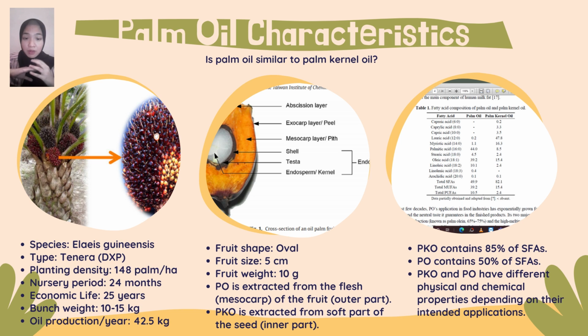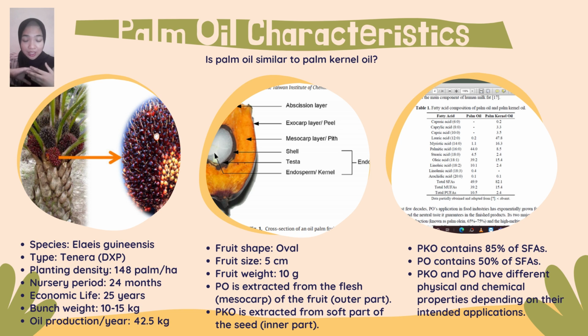The palm fruit looks like a plum, and from the fruit two distinct types of oil are produced, which are palm oil and palm kernel oil. PO is extracted from the flesh or mesocarp of the oil palm fruit, while PKO is extracted from the kernel or seed of the palm fruit.